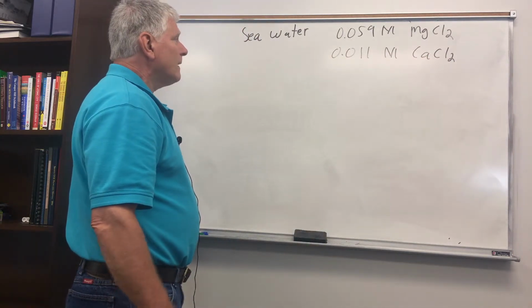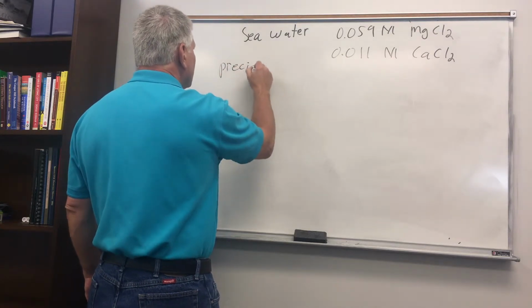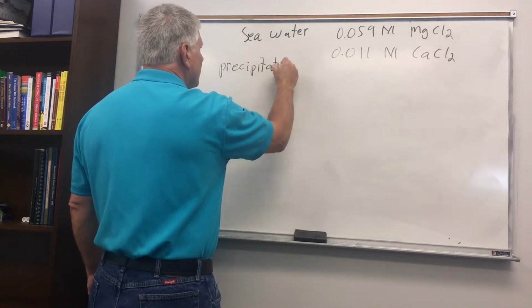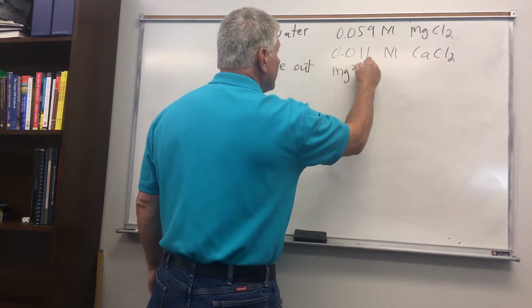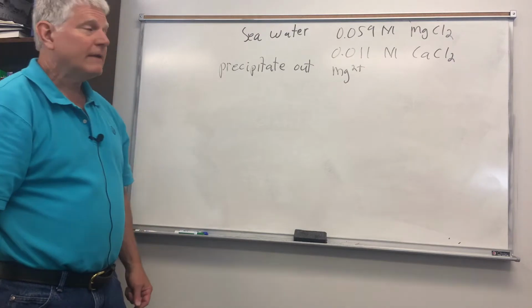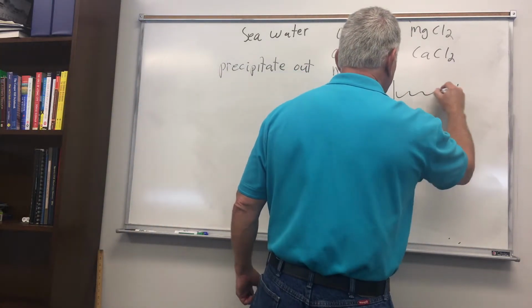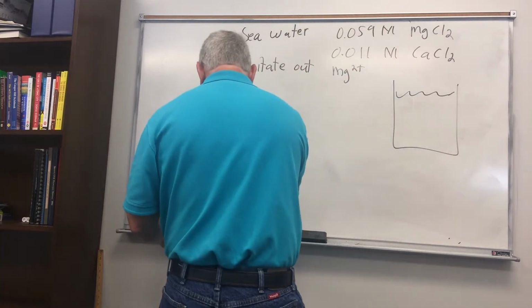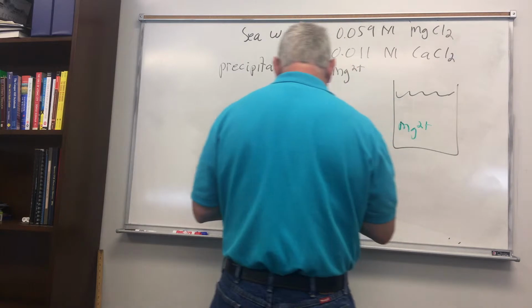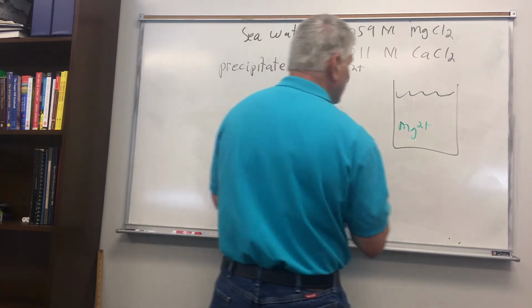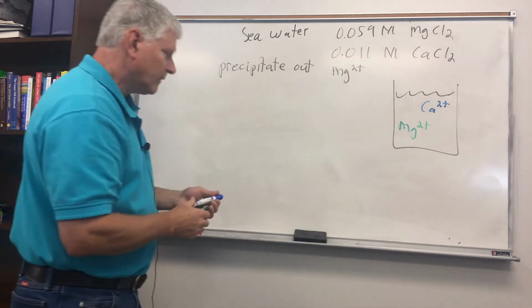So now say we want to precipitate out the magnesium 2+ ions. So we have a mixture in our beaker of magnesium 2+ and calcium 2+, both dissolved.